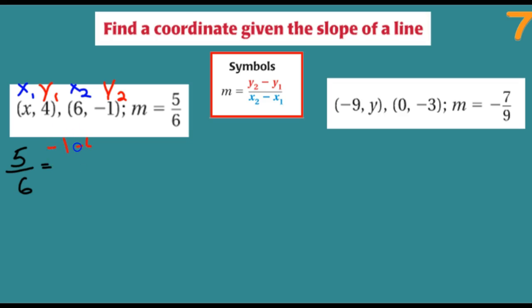Negative 1 minus 4 over 6 minus x. Now we can do negative 1 minus 4. That gives us a negative 5. But we can't do 6 minus x. We're going to keep 6 minus x. And that equals 5/6.